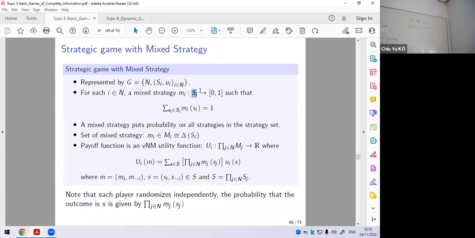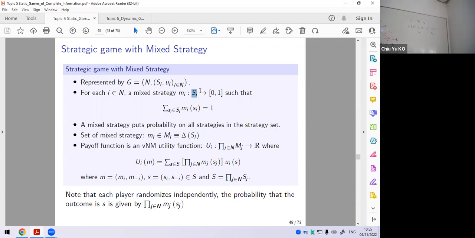In general, finite game means finite strategy. If this is a continuous game, continuum game, or infinite game, things can be very complicated. You're mixing over a continuous interval, then the problem is usually the existence. But we focus on the discrete case.